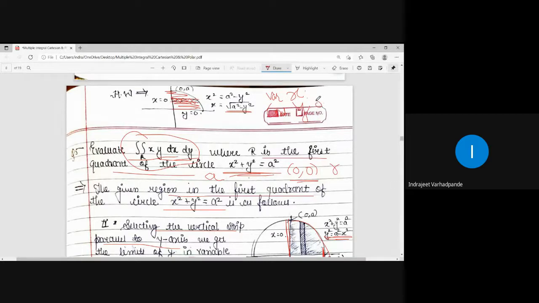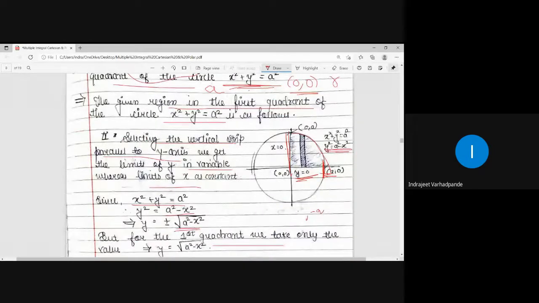So y will be moving from 0 to a. y starts from here at 0, and ends here where the y coordinate is a. So variable limits for x and constant limits for y. So that much you can try as a part of practice.